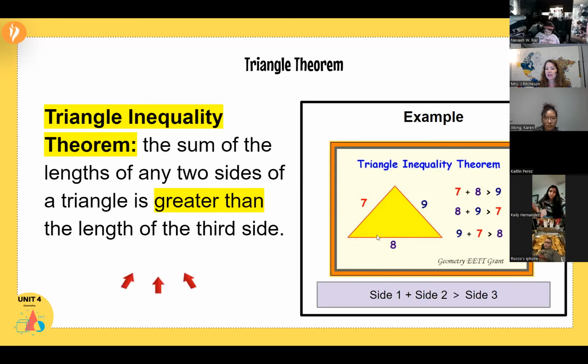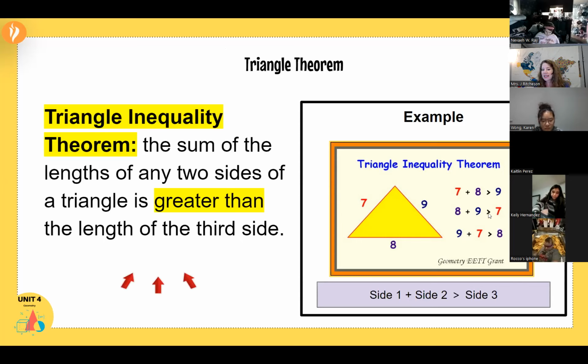So 7 plus 8, what is 7 plus 8? 15, right? Is 15 greater than 9? Yes, and since that's true, we could make a triangle out of the side lengths of 7, 8, and 9. We could put them together and they would make a triangle.